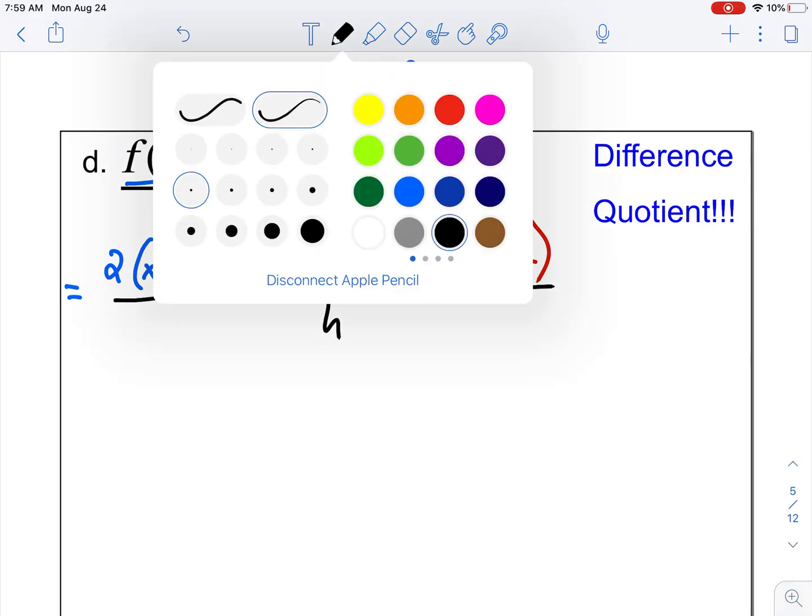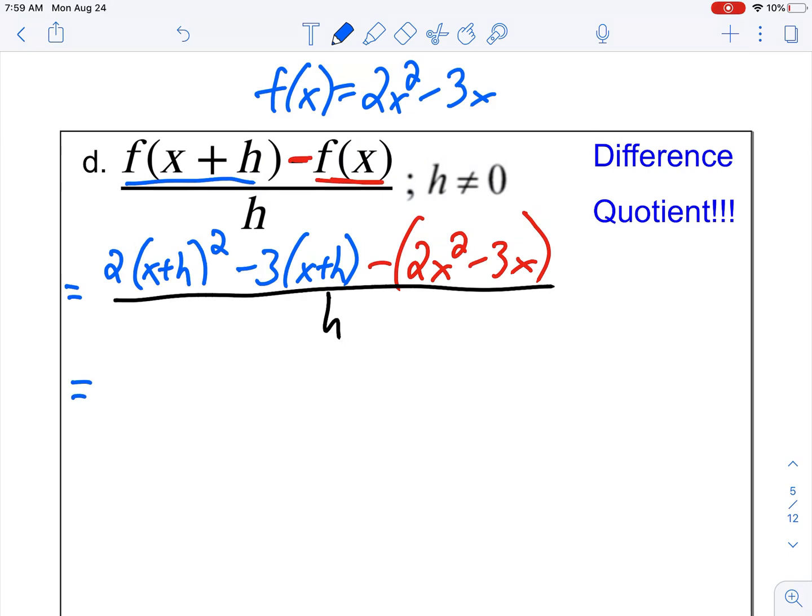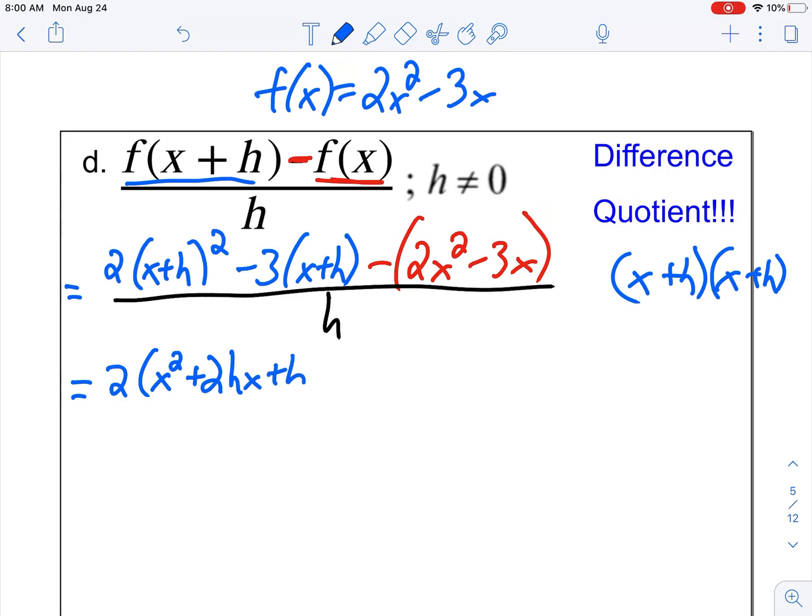All right, so let's start cleaning this up. Just like I did before, I have to FOIL the x plus h. So it's going to be x plus h times x plus h, and that's just a FOIL. So it's 2 times, once you FOIL x plus h times x plus h, you get x squared plus 2hx plus h squared, right? It's a little strange, but you get some h's in there. Those h's work just like numbers.